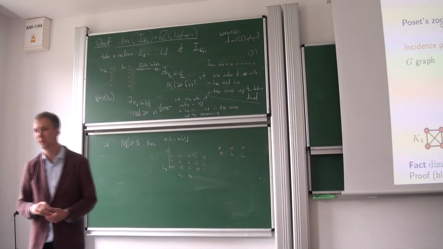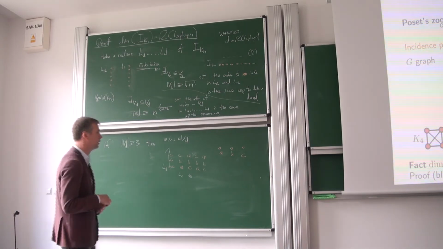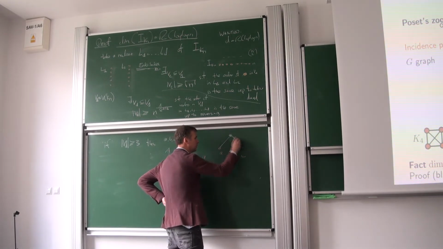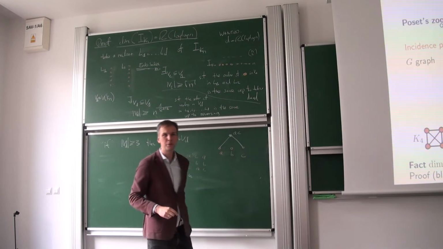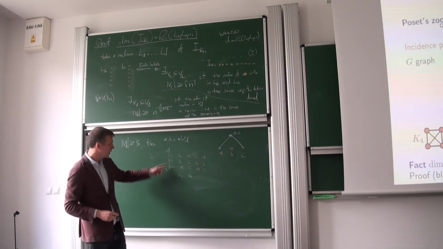How to exploit it? The click is... That's an edge AC. It's an element of a poset. Where is it in L1?